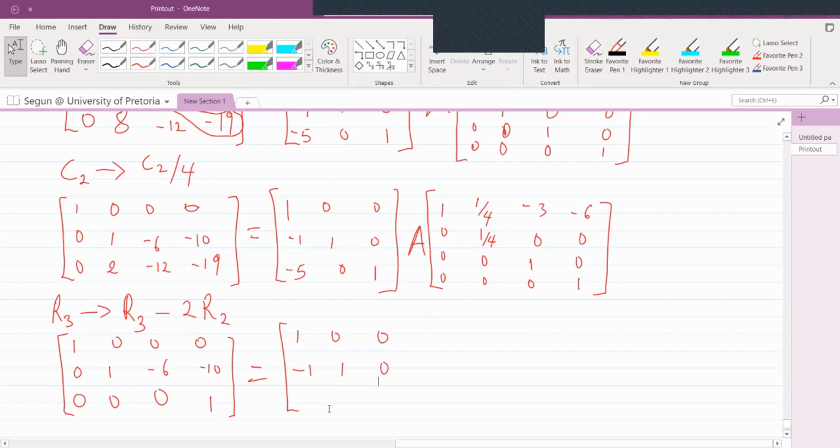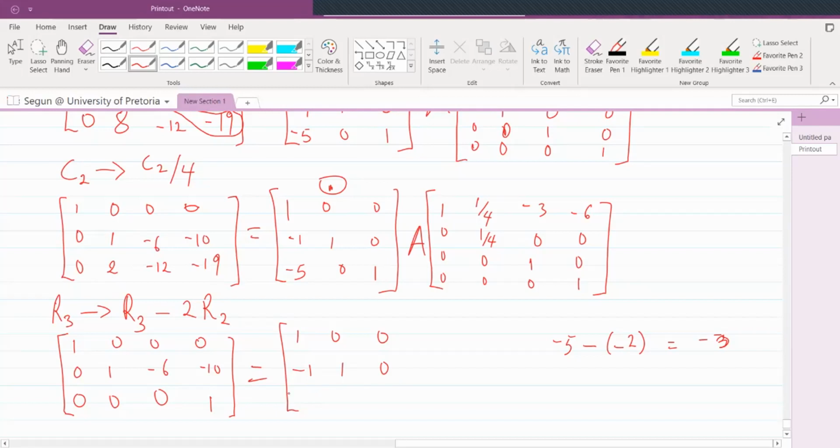So let's continue. Then for row 3 now, we have 0 for row 3. No, we have 5 rather, sorry. We have -5. We are talking about this side. We have -5 minus, in brackets, minus 2, which equals -3. So you put -3 here.